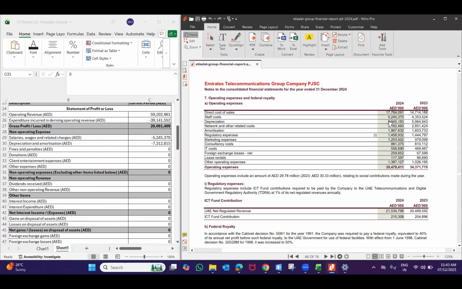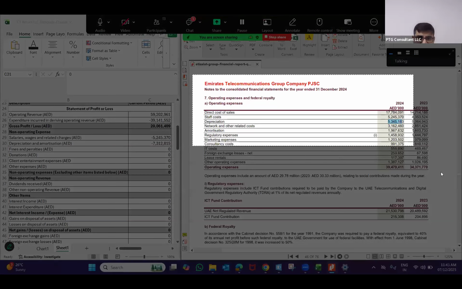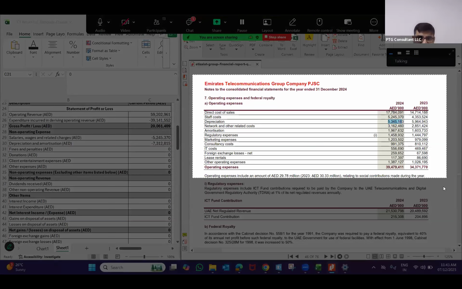So we have taken this 5.3 as depreciation and amortization 1.9 from here. But do one thing: take a screenshot of note number 7, only note number 7.